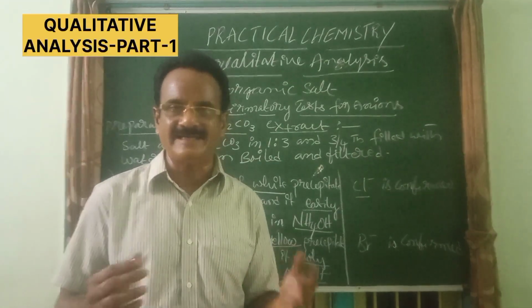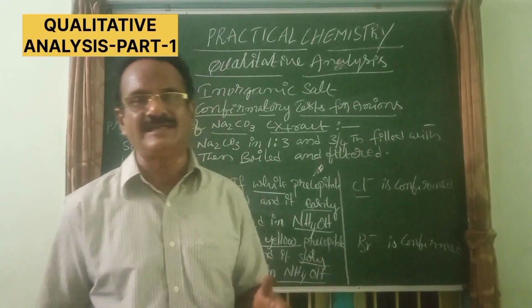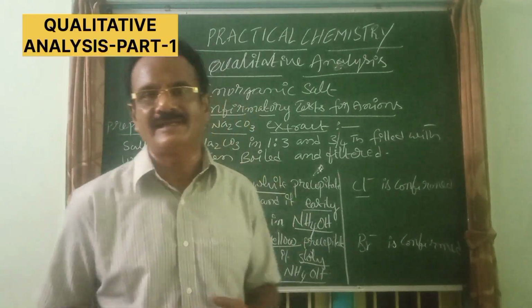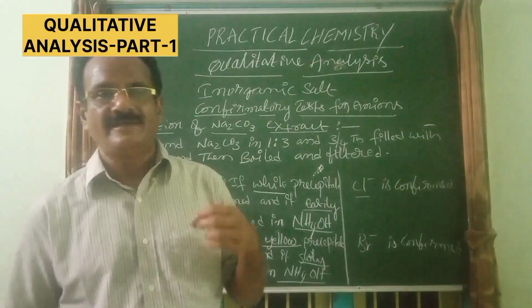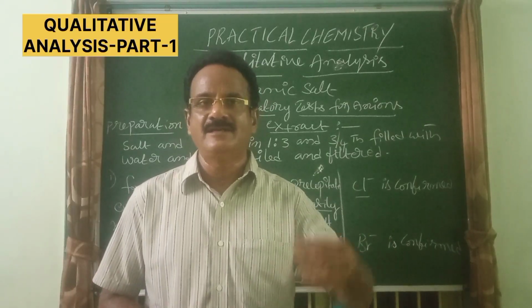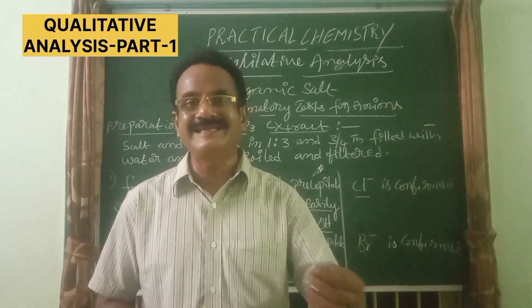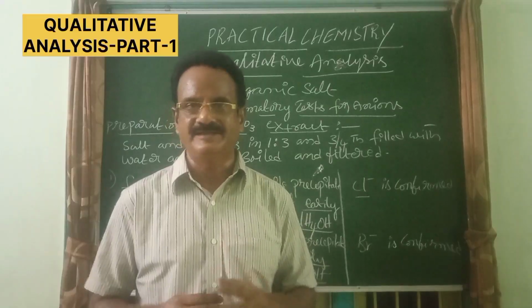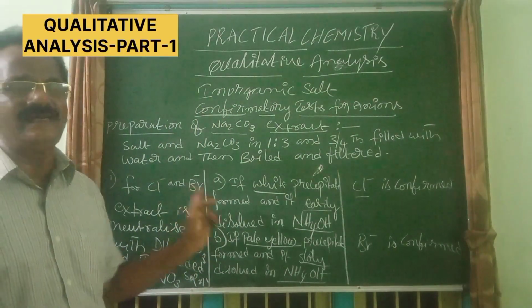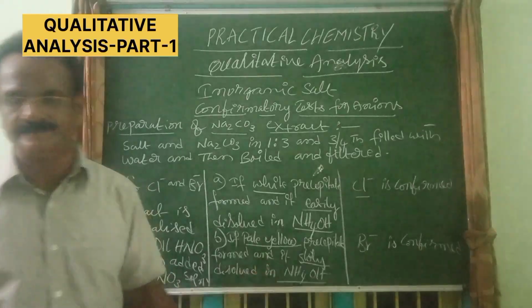Is it clear? Usually at UG level and intermediate level, I minus is not in the syllabus. If I minus is there, the confirmatory test is a yellow precipitate that doesn't dissolve in NH4OH. Okay, this is the confirmatory test for Cl minus and Br minus.